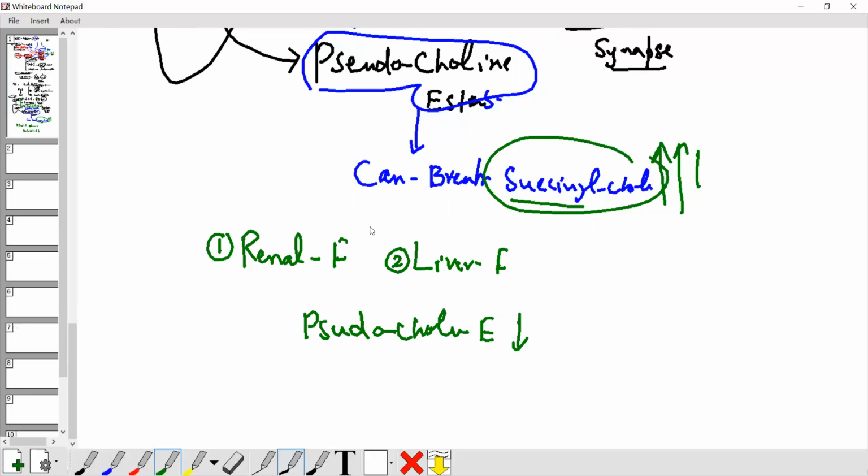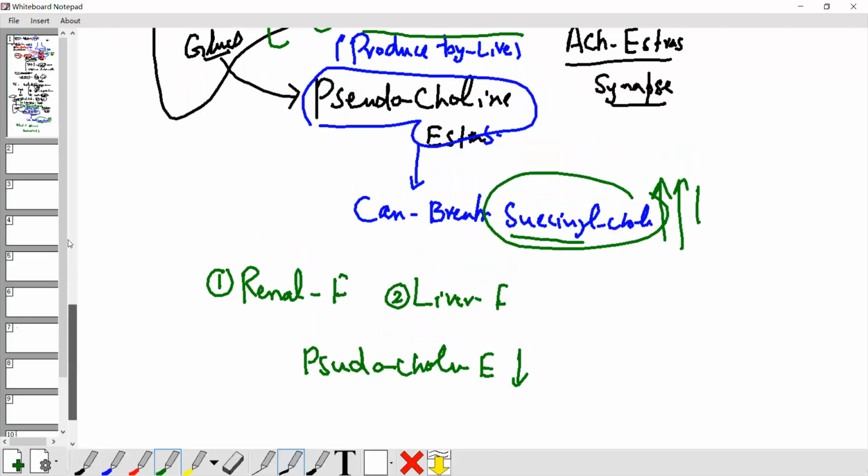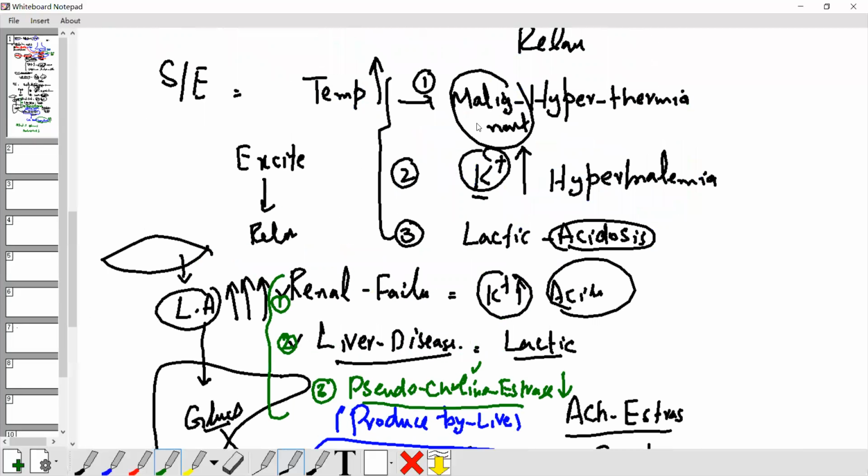Before the invention of the curare family, the non-depolarizing neuromuscular junction blockers, we only had succinylcholine for anesthesia to relax the body muscle. But succinylcholine produces a lot of side effects. The important side effects to keep in mind: hyperthermia, malignant hyperthermia, and this very dangerous side effect, hyperkalemia. Hyperkalemia can lead to cardiac arrest.